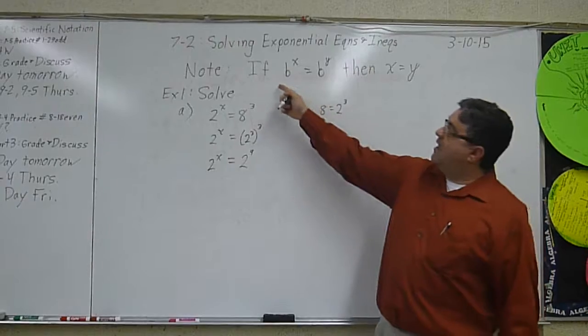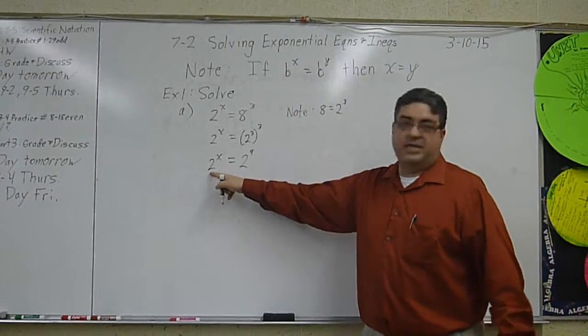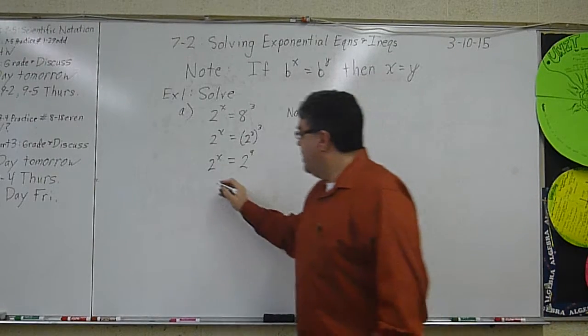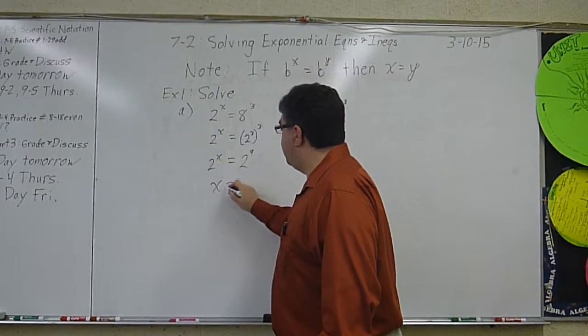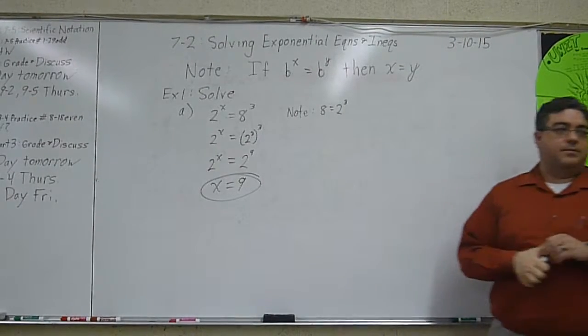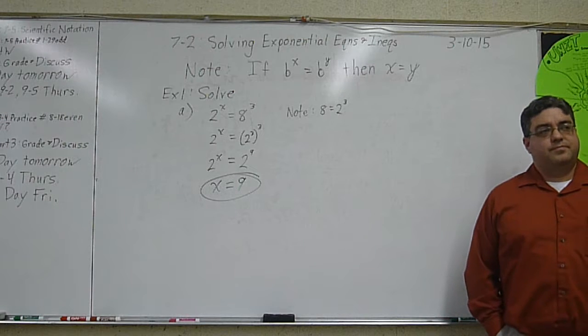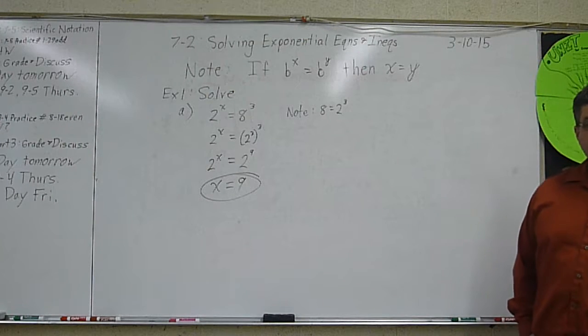Then I apply this concept here. Now that I've got a base of 2 and a base of 2, I can completely ignore the bases, and I get an answer of x equals 9. Okay?